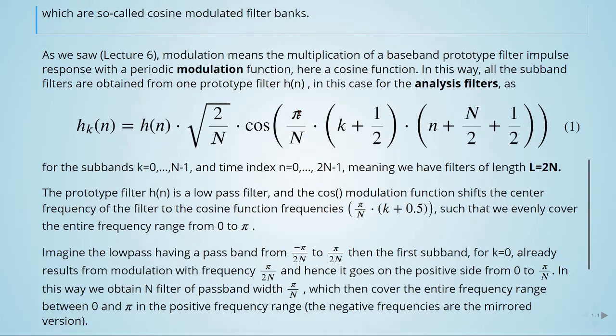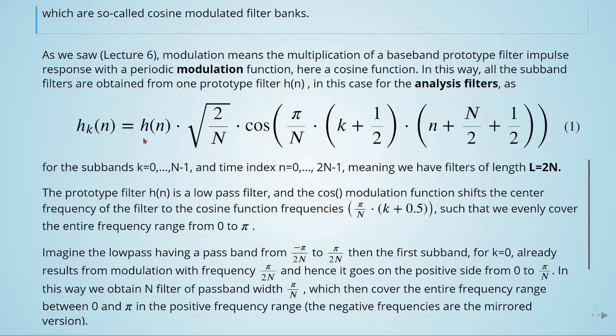In this case, for the analysis filter bank, filters are given here, this equation 1. And we have that the k goes from 0 to N-1, and here are the subbands, and the time index n goes from 0 to 2N-1, meaning we have filter length L equals to 2N.